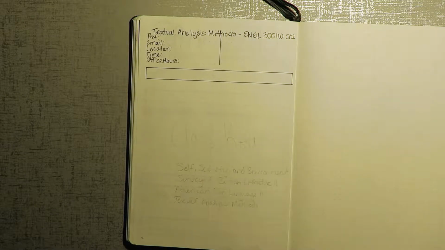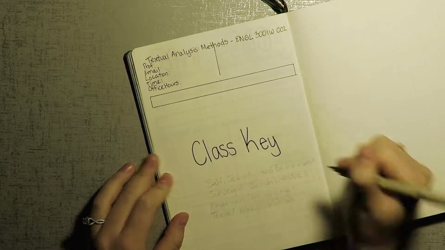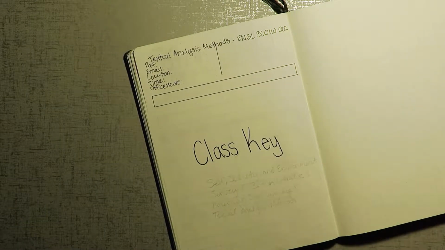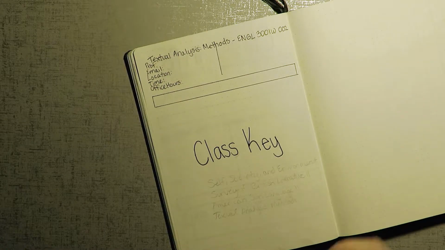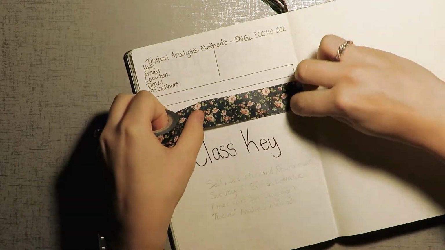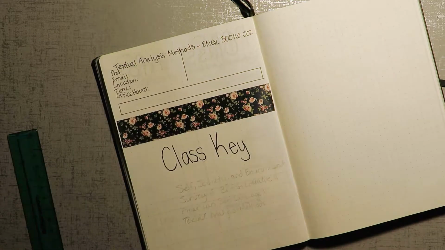Underneath all of the class information, I made a class key. I didn't exactly have one set in stone yet, so I didn't include that, but eventually I used the Zebra Mildliners and some Pilot G2s that were color coordinated to specific classes.